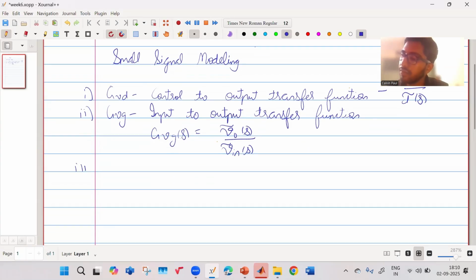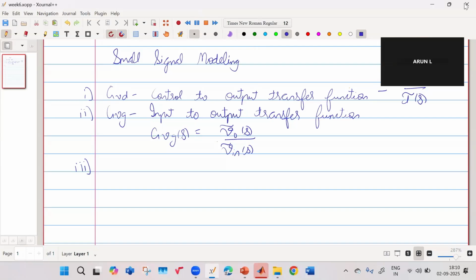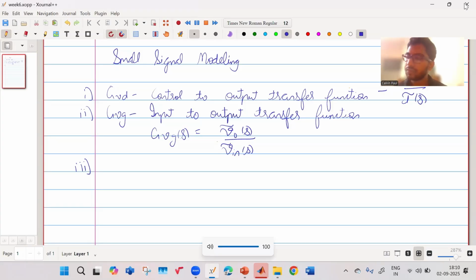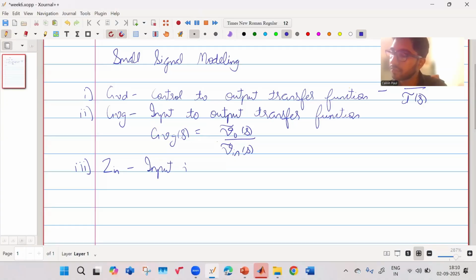What is the next one? Input impedance and output impedance. Yes, so next is your input impedance, where your Zin of s is equal to V in tilde of s by I in tilde of s.